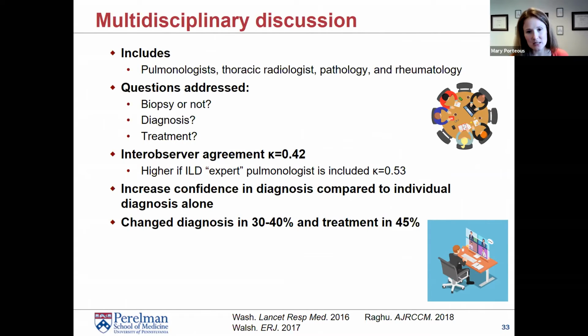We know that it increases confidence in diagnosis compared to people trying to diagnose it by themselves, right? More power in numbers, so to speak. And we know that reviewing a case at an MDD changed the diagnosis in about 30 to 40% of cases in one series, and treatment in up to 45%. So these are very important to do.